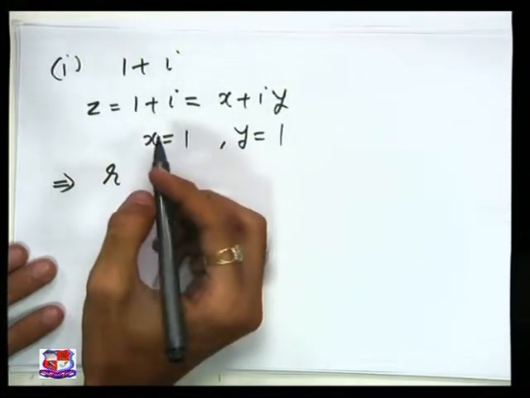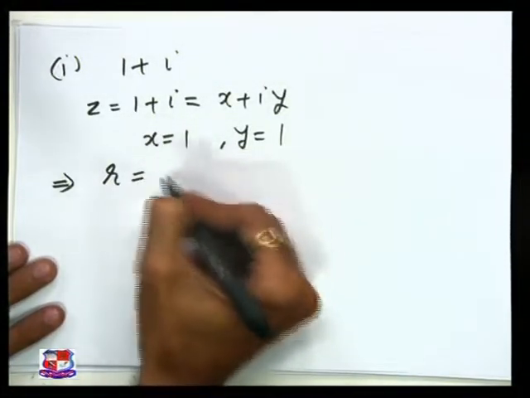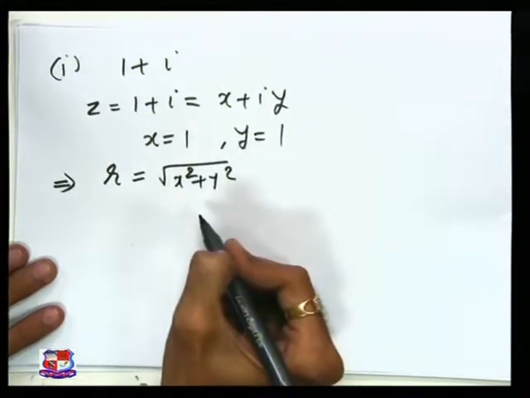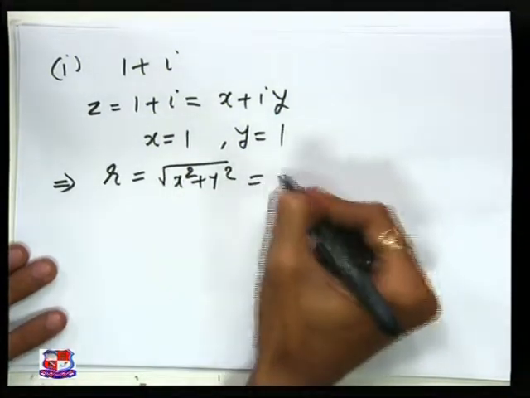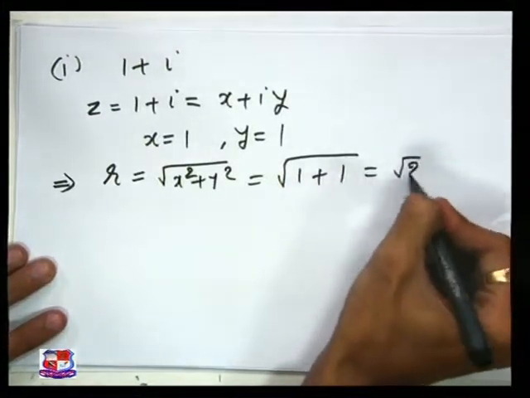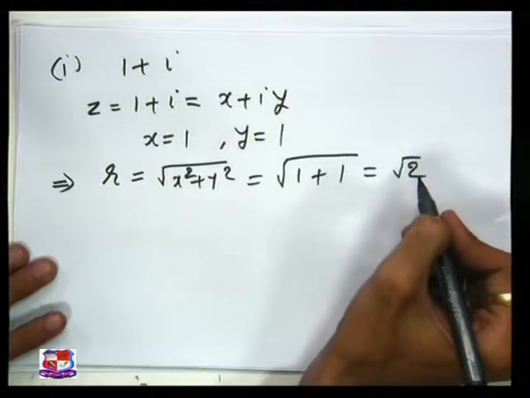Then the modulus r, we know that r is equal to root of x square plus y square, that is equal to root of 1 plus 1, which is equal to root 2.